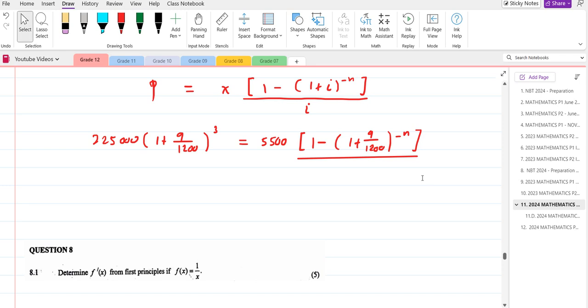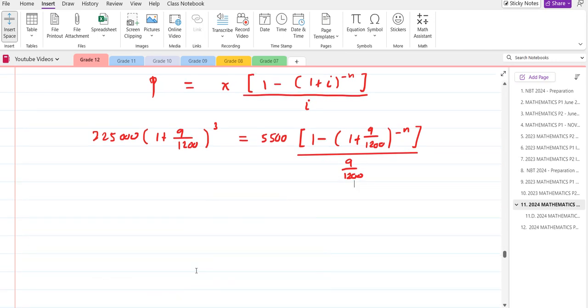Divided by 9 over 1200. Now we need to take this amount divided by 5,500 and multiply by 9 over 1200. Let me copy and paste here to show what we're doing. You need to show some working, okay? So we take this amount, divided by 5,500. Let me put a rule off here.